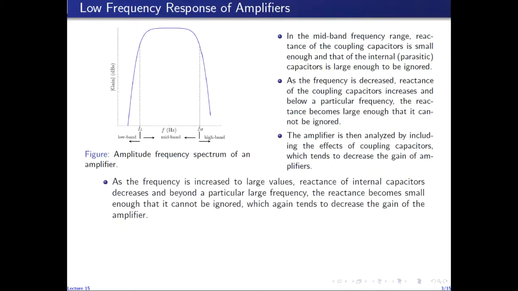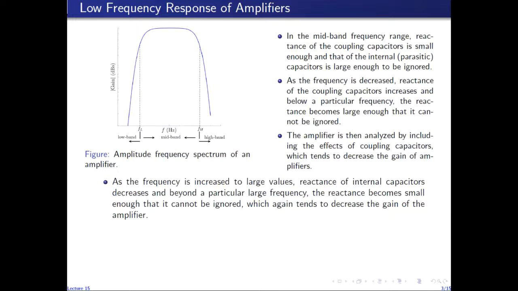However, on the other hand, if we increase the frequency, then the capacitive reactance of internal capacitors decreases. So beyond a particular high frequency, the capacitive reactance of the internal capacitors becomes small enough that it cannot be ignored anymore.